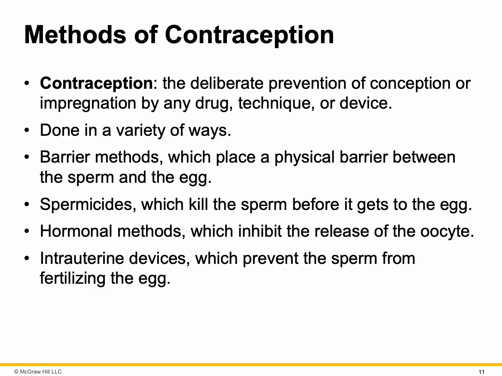There are also spermicides, which kill the sperm before it gets to the egg. Hormonal methods inhibit the release of the oocyte, or the egg, and intrauterine devices prevent the sperm from fertilizing the egg. So again, we're going to talk about these broad areas and then also specific strategies within these areas.